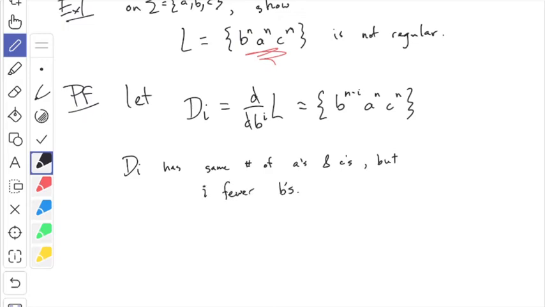That's what d_i represents. And these are all going to be different. Each different i gives you a different set here. d1 will have 1 fewer. d2 will have 2 fewer. Those are different. So these are all different. So L has infinitely many derivatives, and so it is not a regular language.